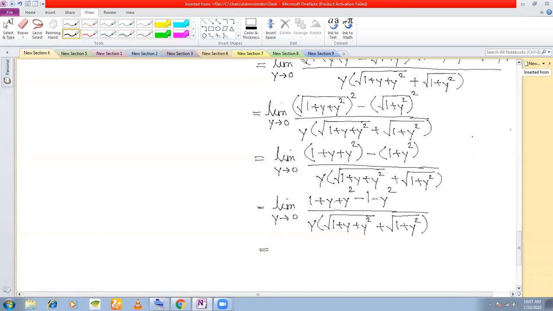So what have we got here? Now, if you look at the numerator, plus y square and minus y square cancel. Plus 1 and minus 1, they cancel. So you're left with only y in the numerator. And in the denominator also, you have a y. Actually, they will also cancel. But we'll cancel this in the next step.